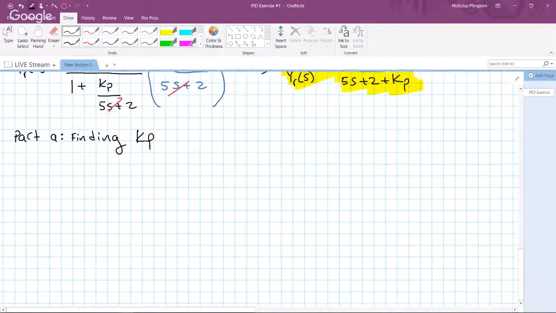They're saying when the steady state command error. How do we find the steady state command error? Well, to find that, we're going to have to use the final value theorem.